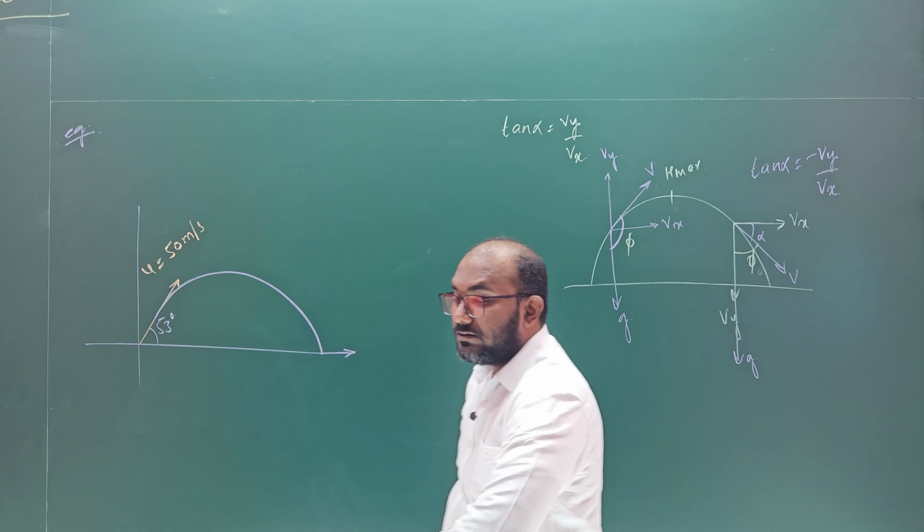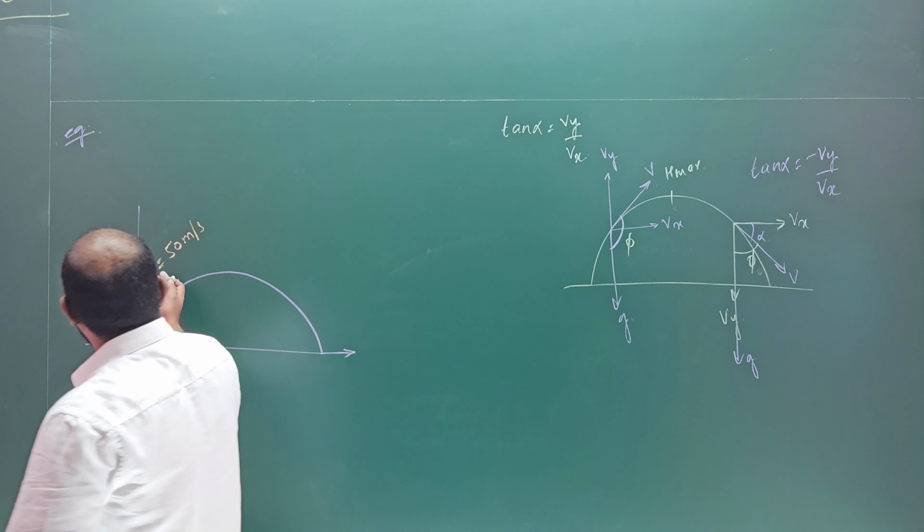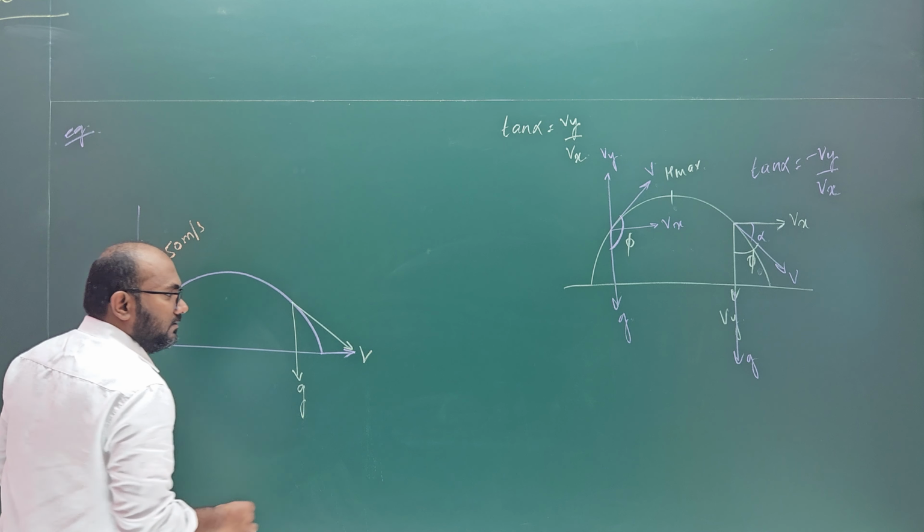Now the question says initial velocity is 50 meter per second at an angle of projection 53 degree. Find out the time period when the acceleration vector and velocity vector make an angle 37 degree. If it is 37 degree, can I substitute after h max or before h max? After h max. So consider this is your acceleration vector g, and at this point this is your velocity vector v.